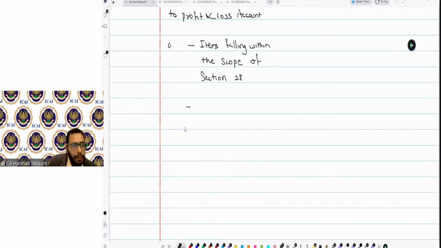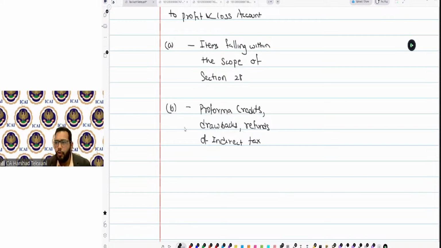The second, B, is pro forma credits, drawbacks, refunds of duties of customs, excise, and refunds of indirect tax, I will call it generic, which includes customs, excise, service tax, refund of sales tax, value added tax, where such credit, duties, or refunds are admitted as due by the concerned authorities.